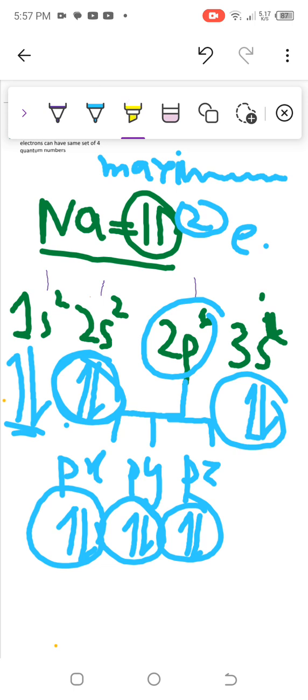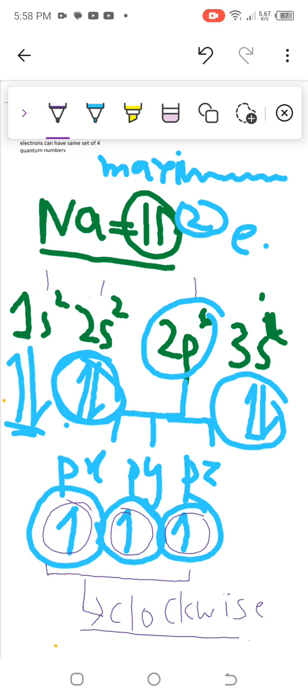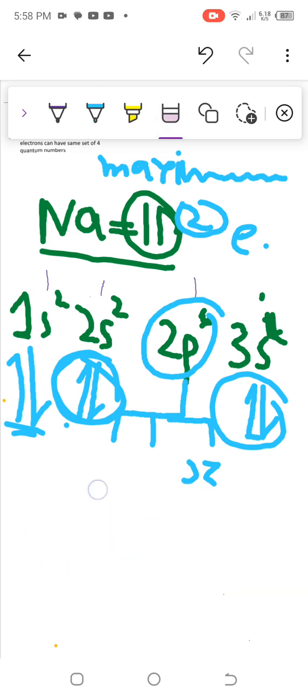Here we're going to put 1, 1 because 11 are complete. But if you are putting 1, 1 in this, it should be known that in the 1, 1 there should be the same direction. As you can see, I put them in the same direction, that is clockwise. All should be clockwise or all should be anti-clockwise. Fine. Hopefully you get something new from this Pauli's exclusion principle.